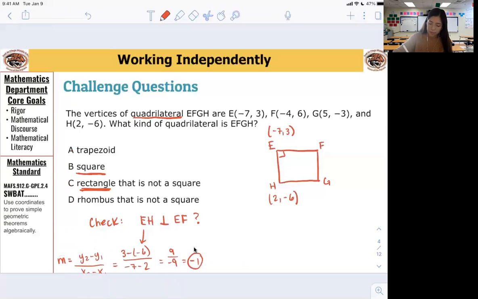Now let's check EF. We already know E is (-7, 3). F is (-4, 6). So same idea. Let's go ahead and plug it all into the formula. What do I plug in for E and F?